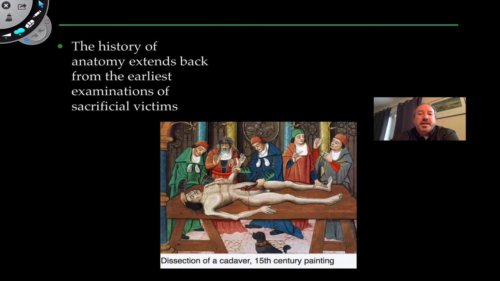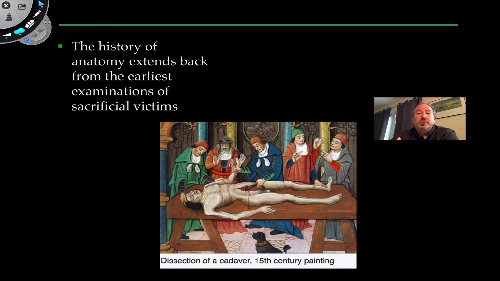I was having some fun with this, looking up some images here. Here's a dissection in the 15th century. Look at the look on some of the people's faces. I was also looking into some information about after Roman gladiator fights, some of the individuals that didn't quite survive. There were big crowds looking at those battles.